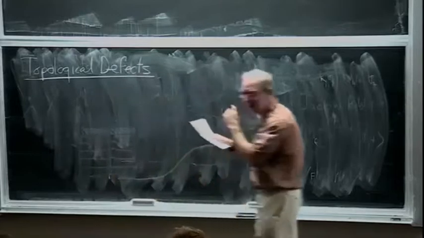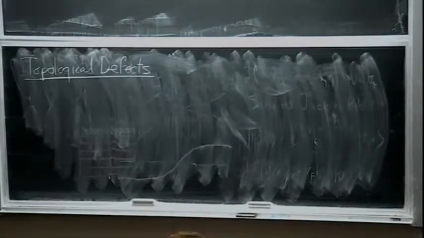So I've been talking about uniform band structures, a bulk that just has a band structure. What I want to think about now is band structures that vary in space.